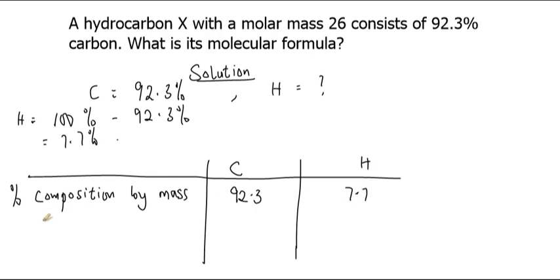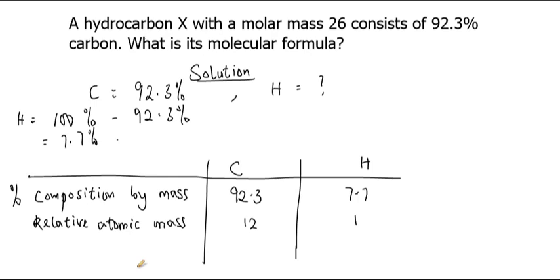Then after this, we'll be stating the relative atomic mass of each of them. For carbon, it is 12, and for hydrogen, it is 1. The next thing to do is to calculate the number of moles of each of the elements, which will be serving as the number of the atoms present in the compound.